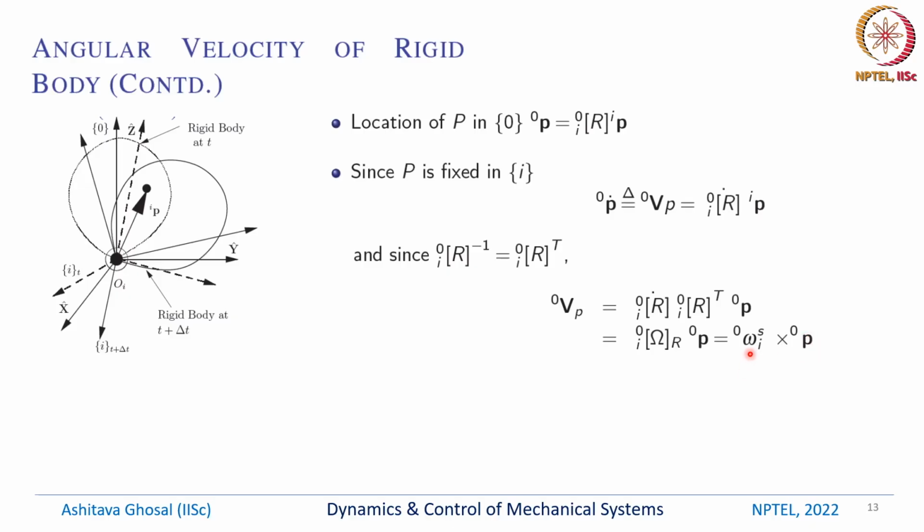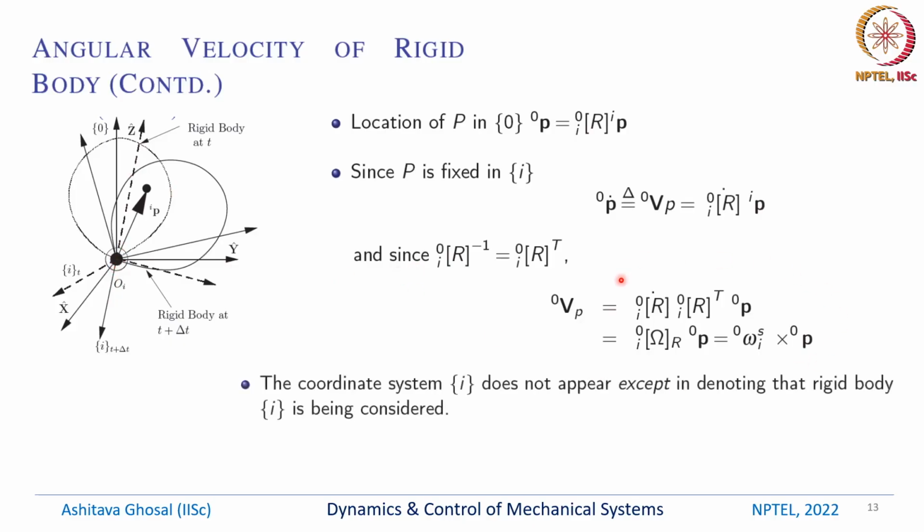It is very similar to what we have learned in undergraduate, that the linear velocity of a point which is rotating is like r cross omega, or omega cross r, correct, omega cross r. So we have this expression here for the linear velocity of this point which is rotating with one end fixed.